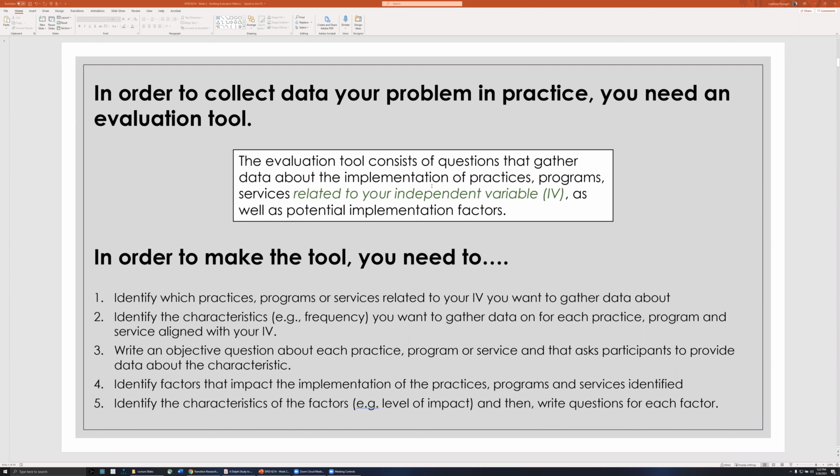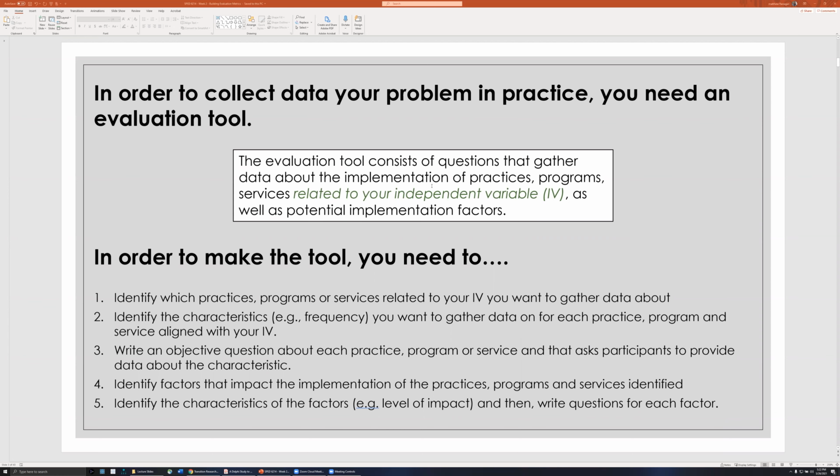So in order to make your program evaluation tool, you're first going to have to identify which practices, programs, and services related to your independent variable are the ones that you want to gather data about. Then you'll identify characteristics such as frequency that you want to gather data on for each practice. So how often does each practice occur?